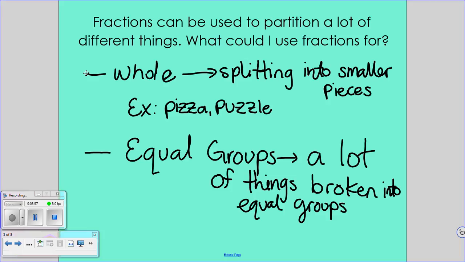So fractions can both be taking something big and making smaller pieces, like a pizza or brownie or a puzzle, or it could be having lots of things. Like I have 5 table groups, and I need 2 of them. I might say 2 fifths of the table groups. Am I breaking you guys up?